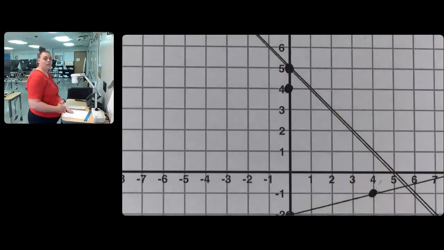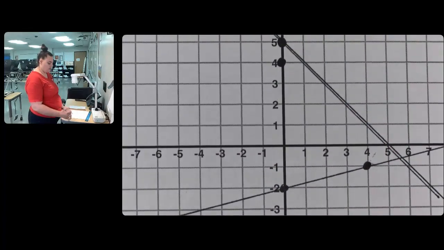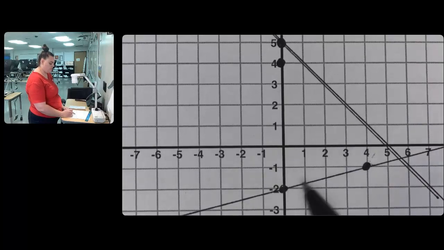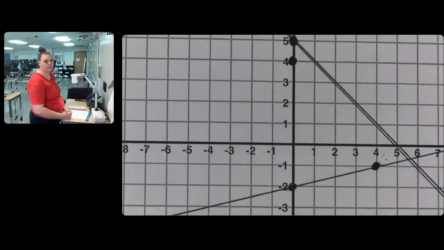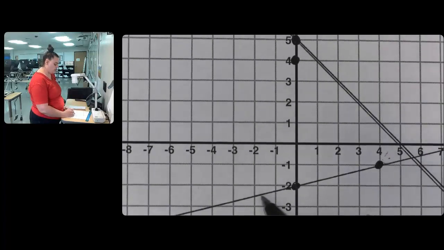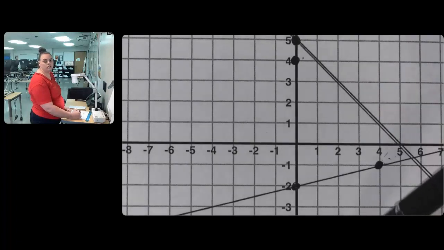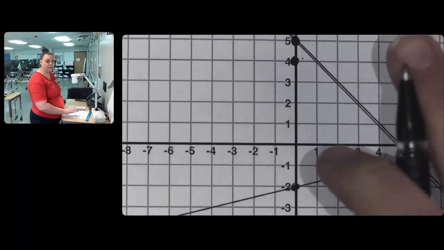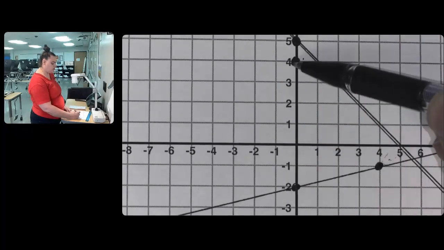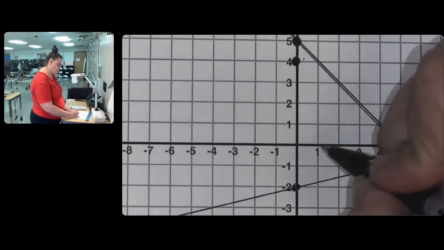Now, to make this perpendicular to this line here, which is my goal, I want to have a slope that is the opposite reciprocal. So here, this slope is going up, so I want my new slope to go down. And this slope goes up 1 and right 4. Well, I want to do the opposite, so when I go down, I'm going to go down 4 and right 1.